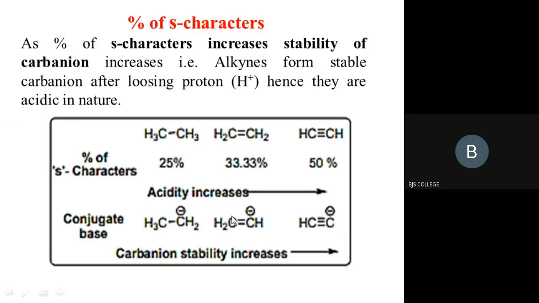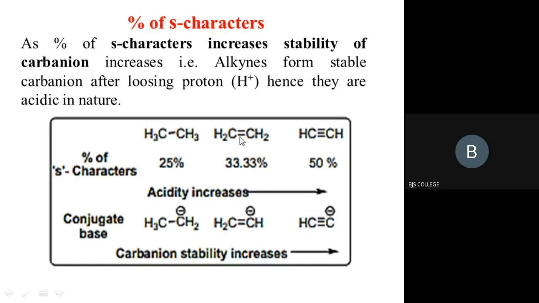So many times this question is asked: why is acetylene acidic in nature, or explain the acidic character of acetylene. So you will say that acetylene is an sp hybridized molecule which contains the maximum percentage of s character, that is 50%, and after losing H plus ion, the carbanion formed from acetylene is highly stable, and therefore it loses its proton very easily, or in other words we say that acetylene is an acidic molecule.